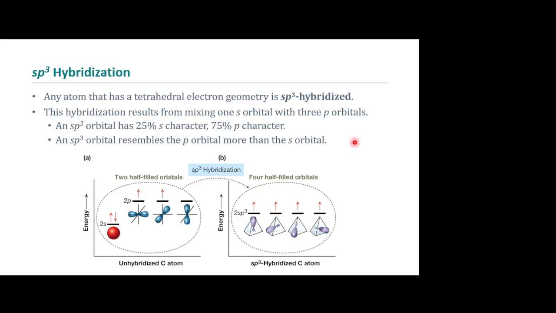Okay? So again, the sp3 orbital is much more similar to a p orbital, obviously, than it is to an s orbital. Okay, and you can actually see that in these orbitals, right? It looks more like a p orbital. It just happens to have one lobe that's bigger, doesn't it? Okay, and so you can see that quite nicely, actually.